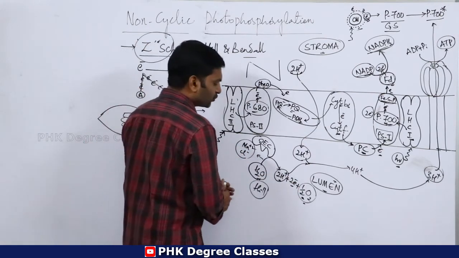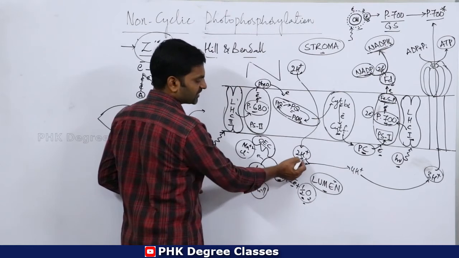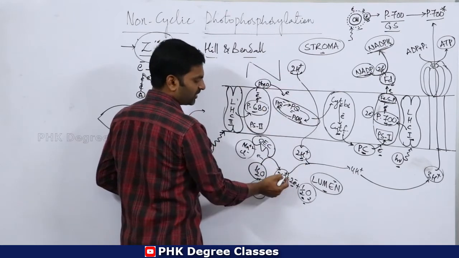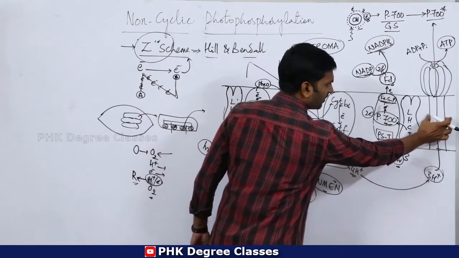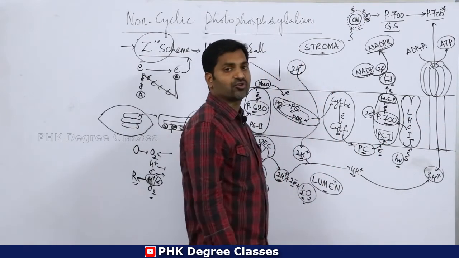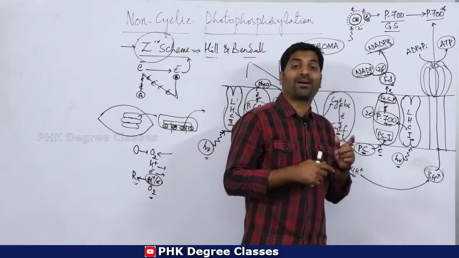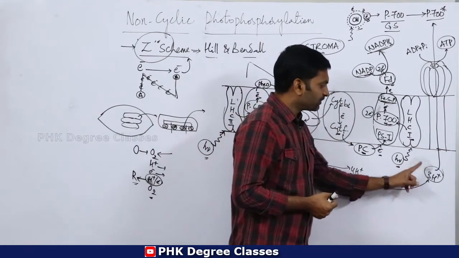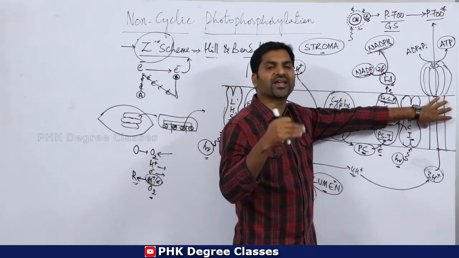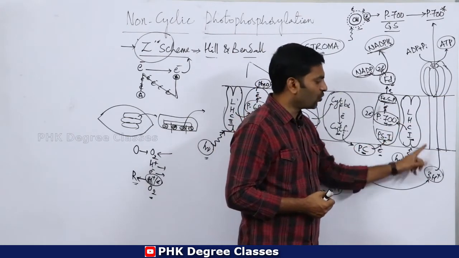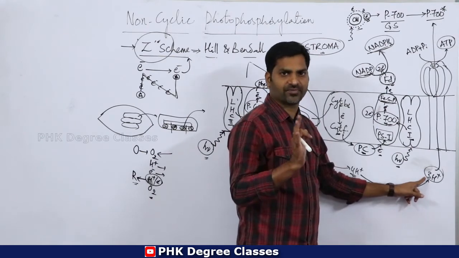These two protons combine with the two protons from the stroma. So 2 + 2 = 4, and these four protons move towards the oxysome, the fifth complex, also called the coupling factor. But this oxysome cannot allow 4 protons at once. It allows only 3 protons at once. Clear?